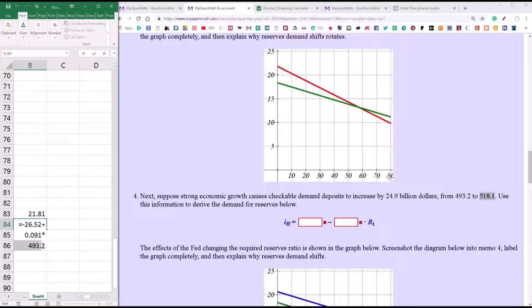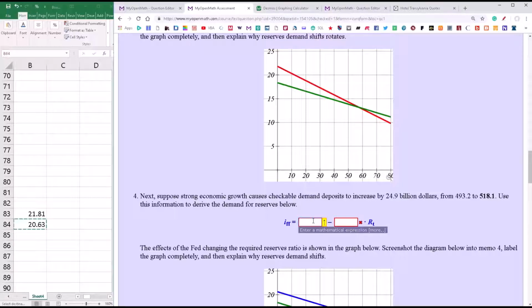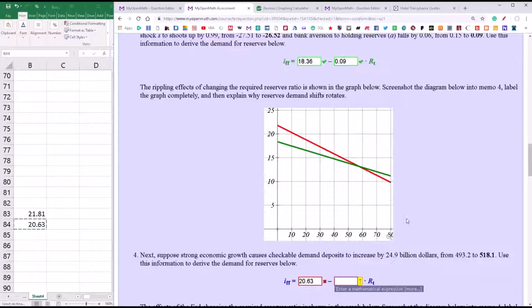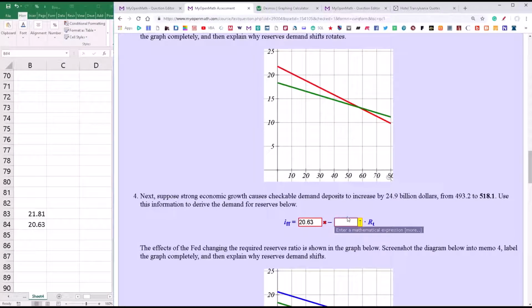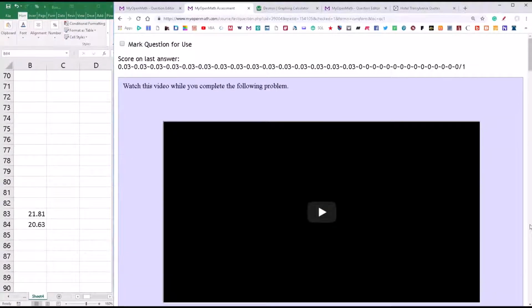All we have to do is change the checkable deposits to 518.1. And we get a new intercept of 20.63. Ceteris paribus, the slope is still 0.09. The slope of reserves demand is still 0.09. So we hit enter to see if we got it right, and we should.